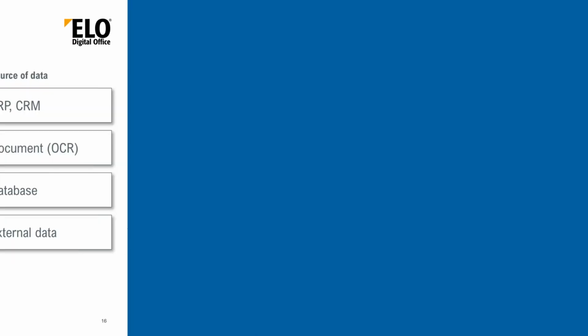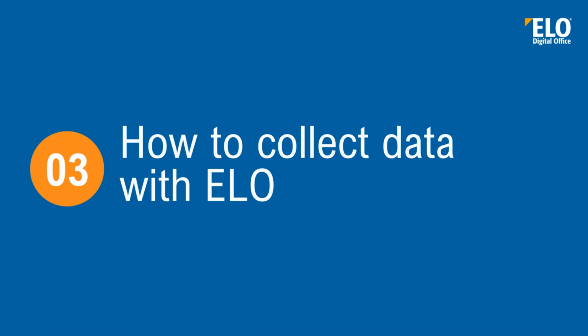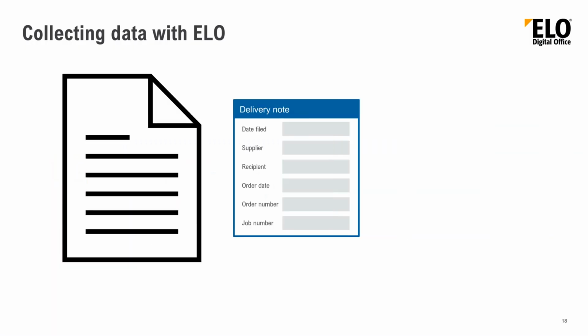So how can we collect the data with ELO? So first of all, we have our document and we have our metadata form. The metadata form defines the kind of document. So it describes the document, which sort of document do we have? In this case, we have a delivery note.